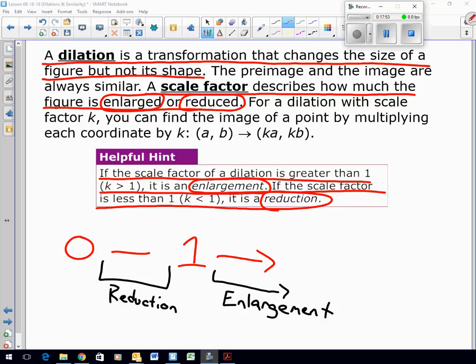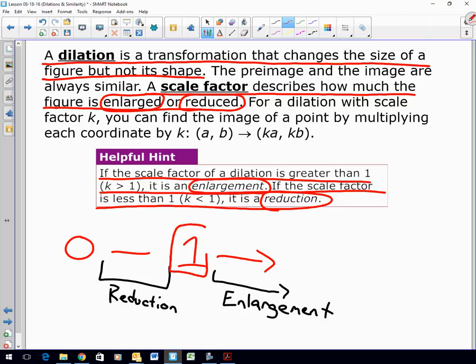What if my scale factor was 1? It's the same. And what do we call that? Congruent. Right? If the scale factor is 1, that means that my figures are congruent figures. So, are congruent figures similar figures?